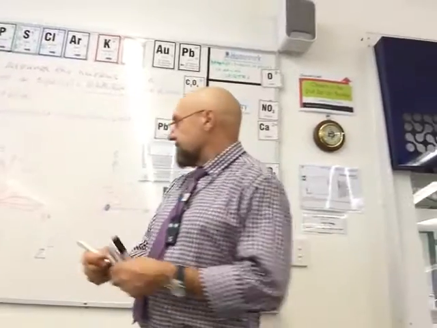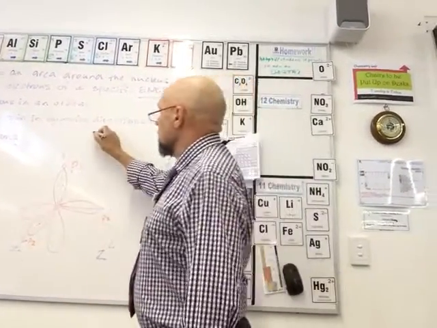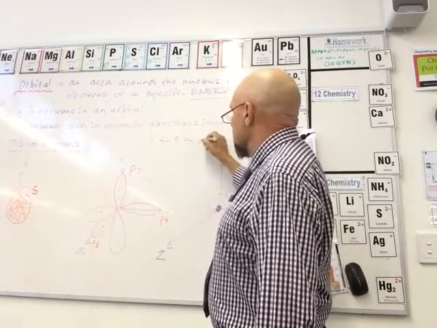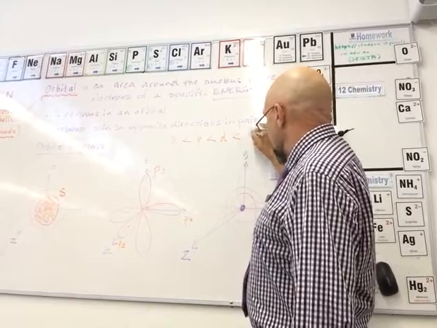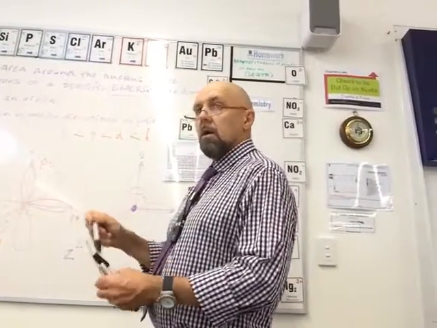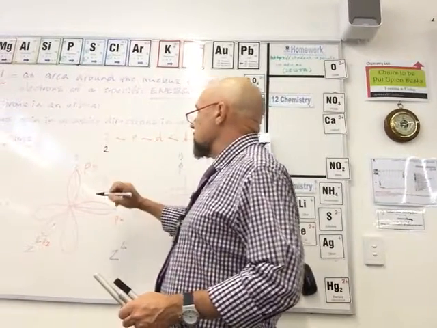There's also an f. So this is s, p, s is less than p, less than d, less than f, and it's just lowercase f. The maximum number we can accommodate in any s is 2.